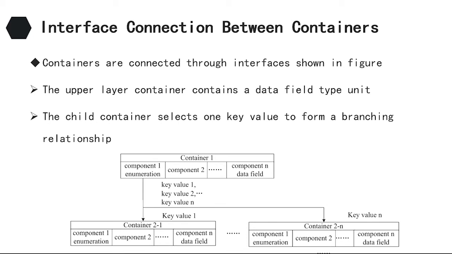Interface connection between containers. Containers are connected through interfaces, as shown in the figure. The upper layer container contains the data field type unit. The child container selects one key value to form a branching relationship.